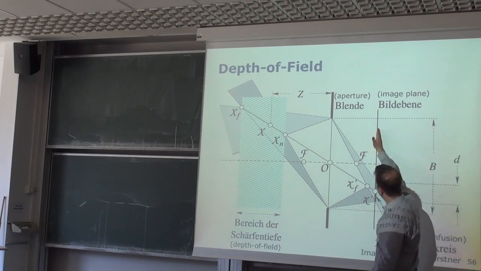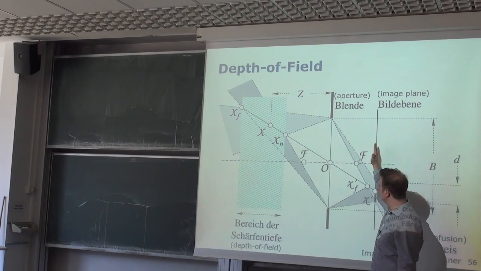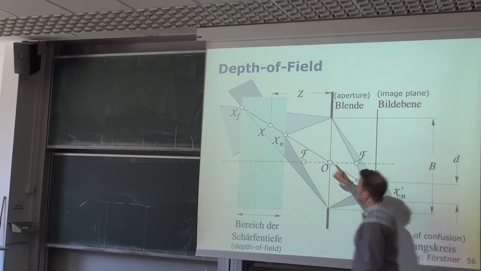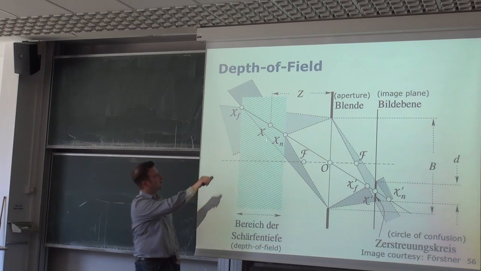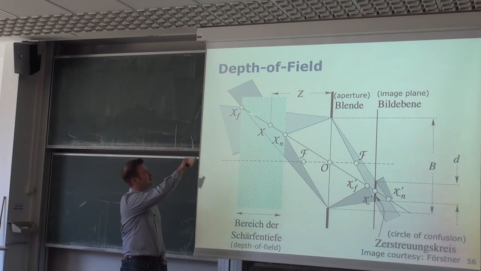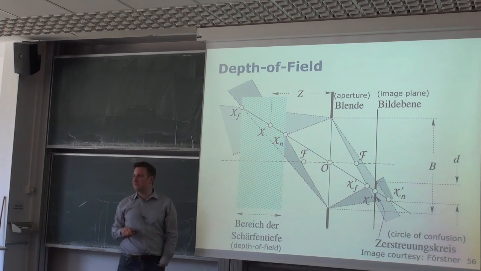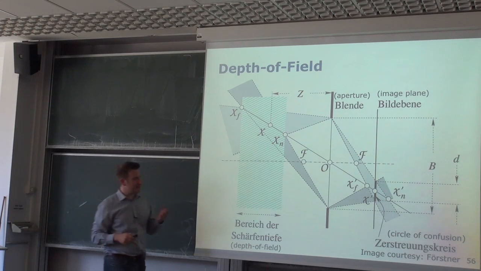What we have in here is the location of the sensor, or our traditional film, which sits somewhere over here. And we have different points in the scene, in this case along this ray, so this point xn, x, and xf. And these points xn and xf can now be used to describe the depth of field.